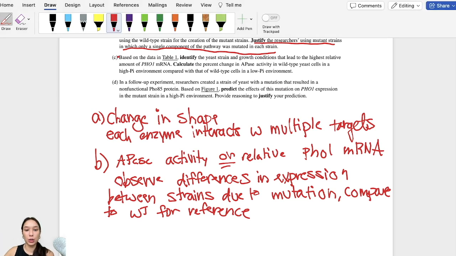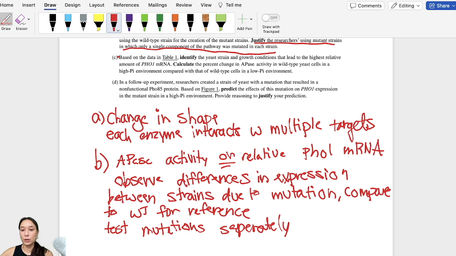Okay, so test mutations separately. Or you could also say observe which mutation is responsible for whatever will happen.